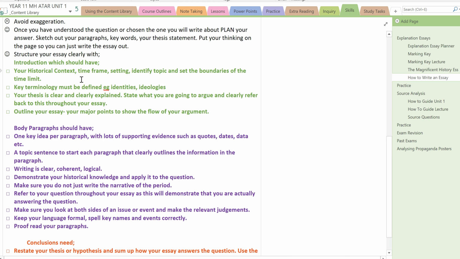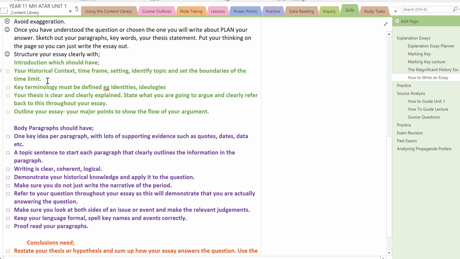Now, there's a couple of ways that you can set it out. You can start with context and do a little bit of background about your person. It's a nice way to open, but it doesn't have to go there. You can start with a nice opening statement and go straight into your thesis. That's not a problem. And you can come back down to your context. But if you're getting stuck with how to start, context is a nice way. What are your background events?